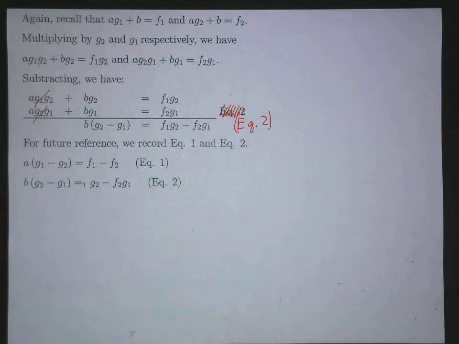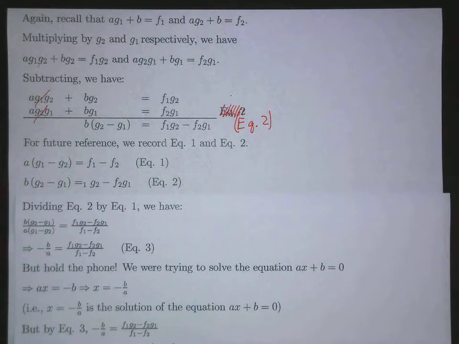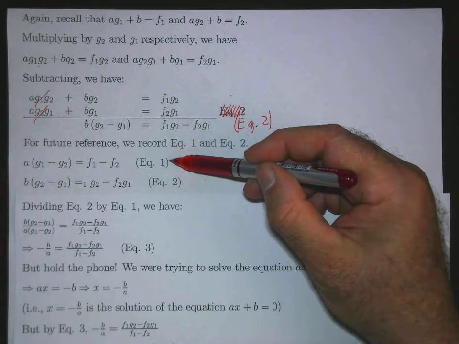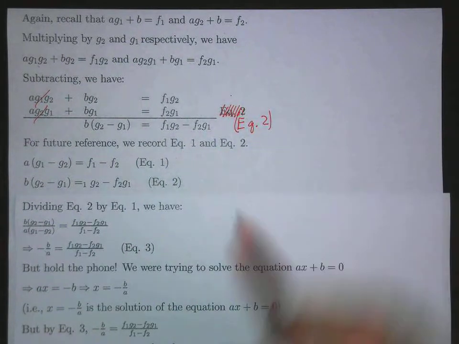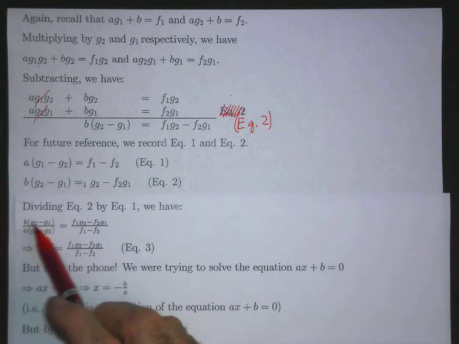Now, why do we record equation 1 and equation 2? Well, here's why. We're going to divide equation 2 by equation 1. So equation 2, b times g2 minus g1, there it is.